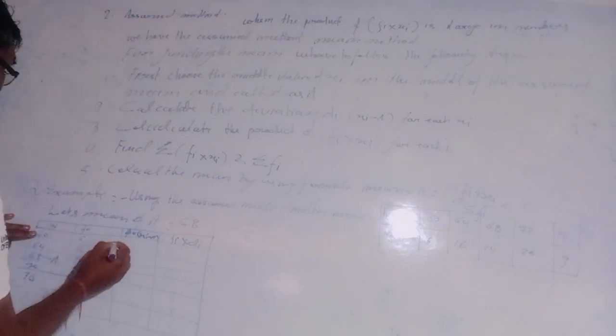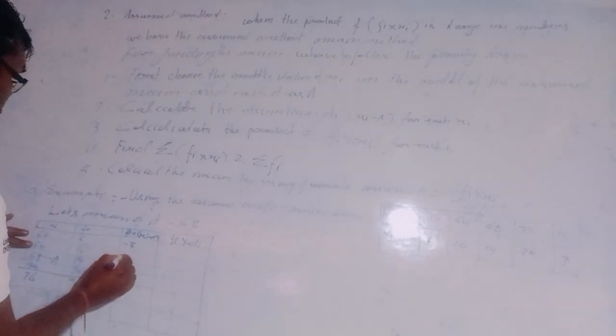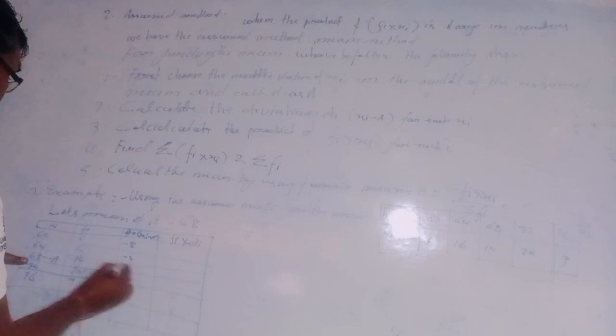Then we will find A, the assumed mean. The assumed mean is given here as 68. So if we subtract: 60 minus 68 is equal to minus 8, 64 minus 68 is minus 4, and 68 minus 68 is equal to 0.